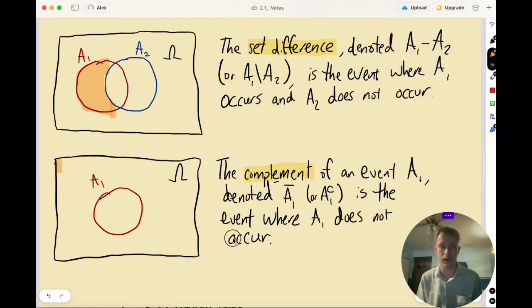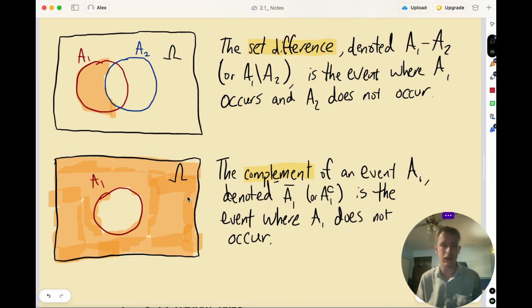Quite honestly, you just shade all of this, shade all of it except for A1. I got a little bit of it in there, but you just have to use your imagination there.